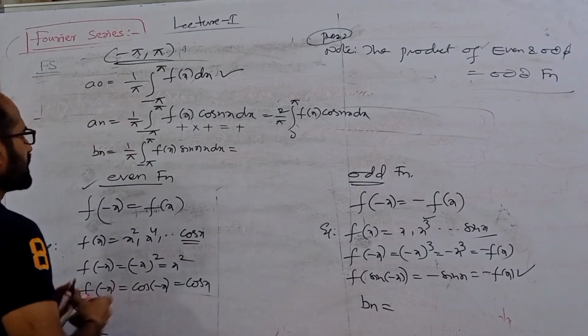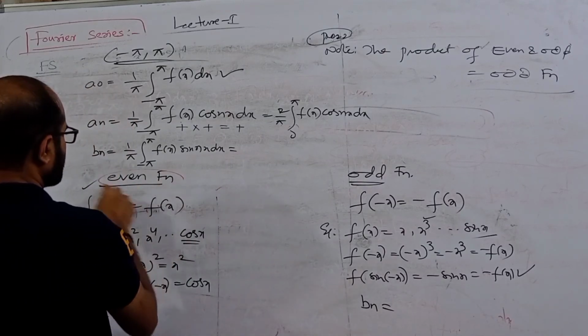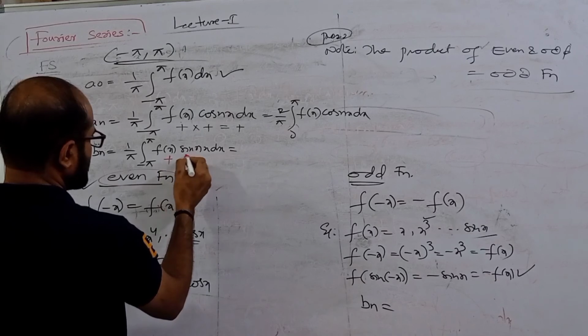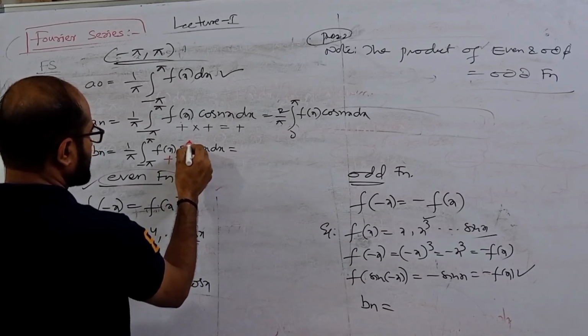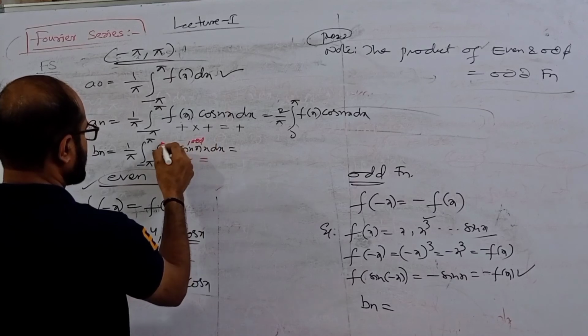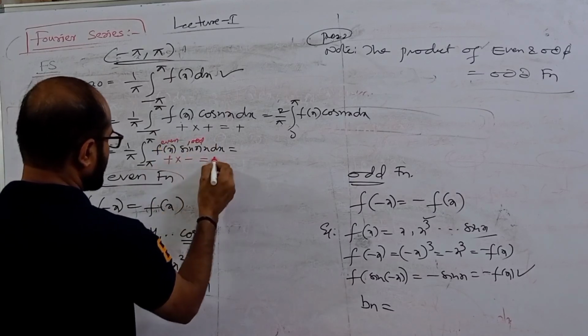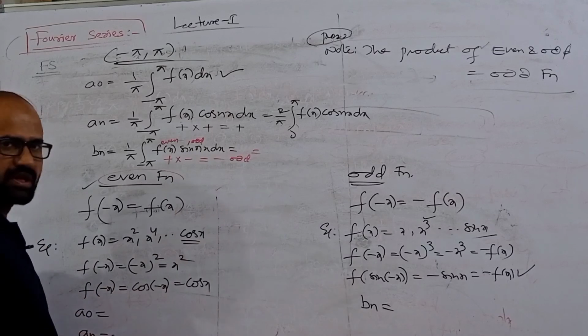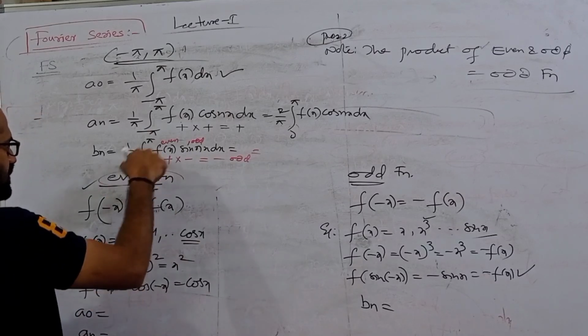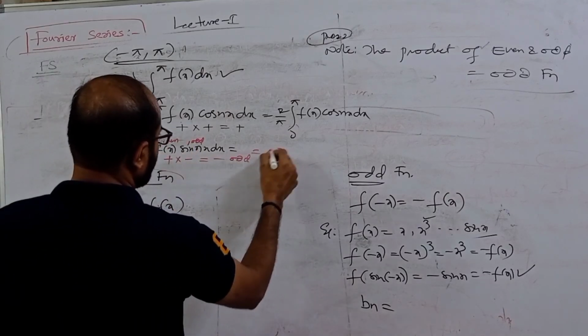See this one, f of x is an even function, plus, sin is an odd function, minus. So plus into minus you will get minus, meaning an odd function. If it is odd, according to property 1, the integral from minus a to a of f of x dx is 0.